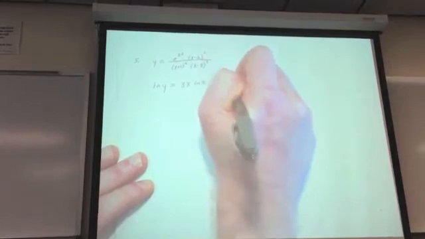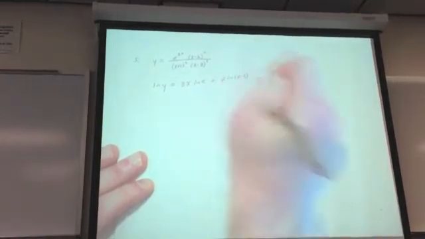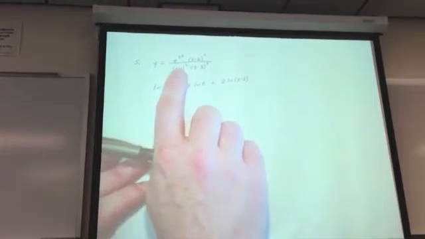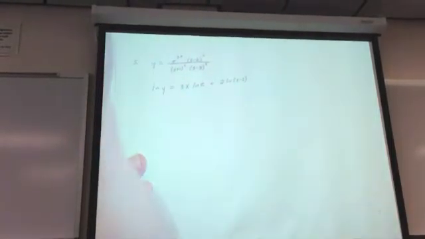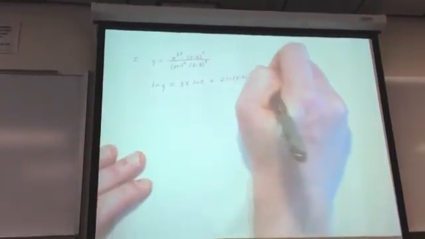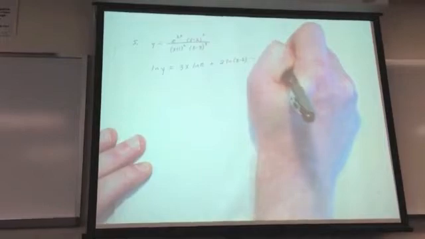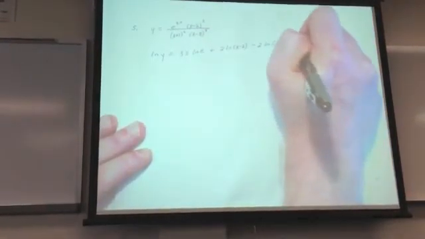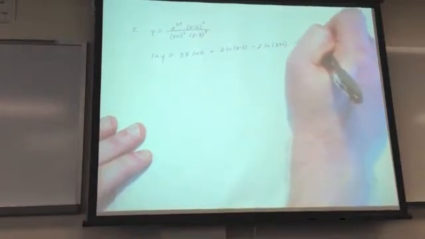2 natural log of x minus 2. What you should also remember is that any factors that are in the denominator are always subtracted. So minus 2 natural log of x plus 1, minus 3 natural log of x minus 8.